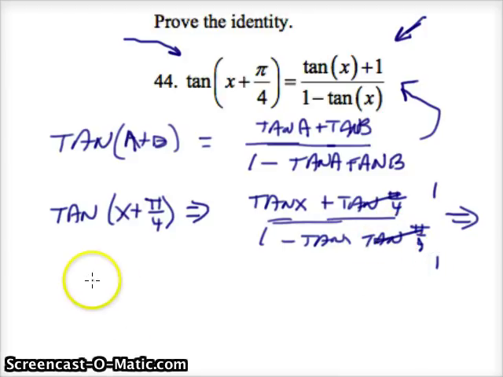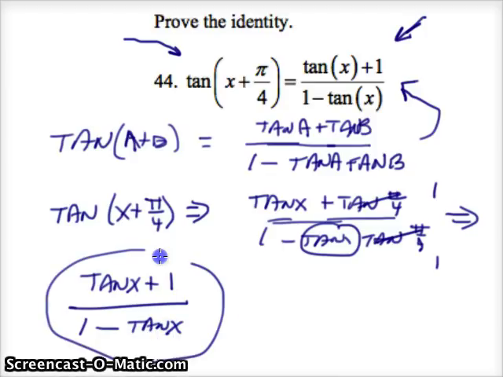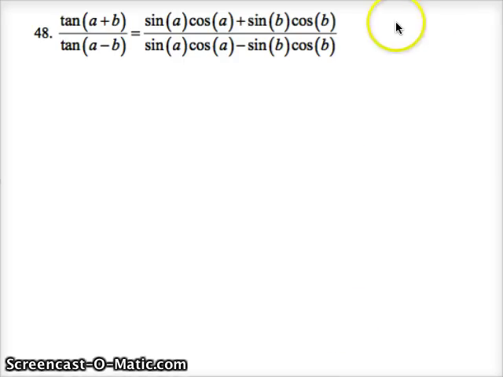So we could rewrite that as tan x plus 1 over 1 minus, well, what's tan x times 1? Just tan x. Okay, now look at this right here. Is that what we're trying to find? Yes, okay. Now, I didn't do this exactly formal, but I did the important steps, and I think that you could follow that out. Okay, now notice, take a good look at this problem here, okay?